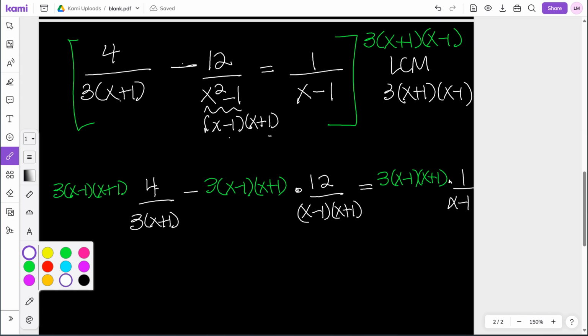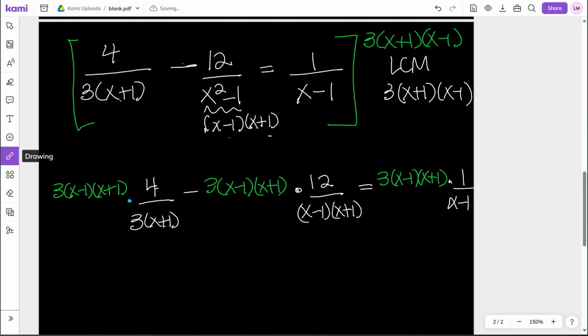Okay, now we're ready. I'm going to reduce what I can, because this is multiplication, we can reduce. So I see an x plus 1 with this one, so that's gone. And then I also see a 3, so I can cancel both of those. That leaves me a factor of x minus 1 multiplied by 4, no denominator. So clearing the fractions means we should not end up with a denominator. So x minus 1, x plus 1, those are gone.